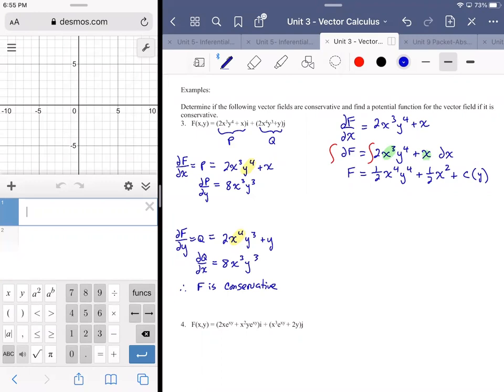because if I take the derivative of this function, which is itself the antiderivative, the partial integral with respect to x, if I take the partial derivative of this with respect to y, then it'll have to become a c prime of y, but I have a relation that would allow me to solve for this, because I know what the first order partial with respect to y is equivalent to.